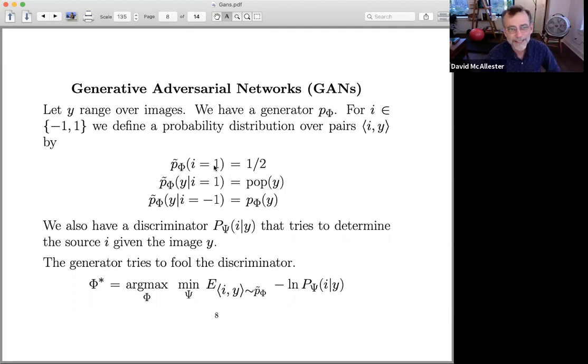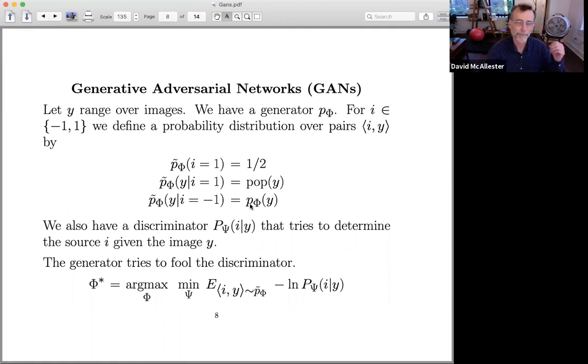And then we define this discrimination task. So I'm going to define a probability distribution by flipping a random coin. If the coin comes out heads, I draw from the population or some test distribution or some training distribution. If the coin comes out tails, I generate an image.